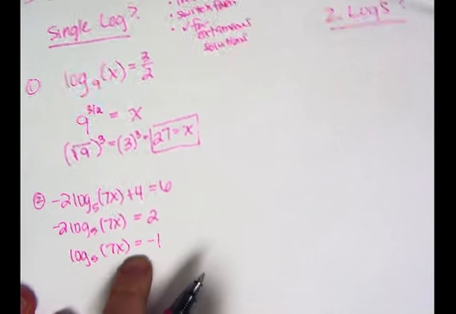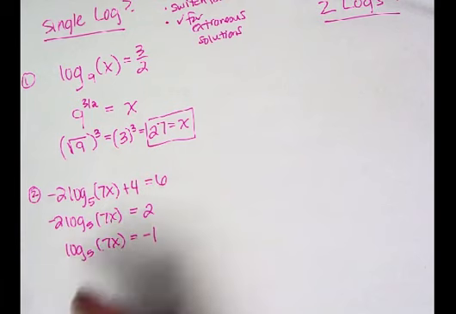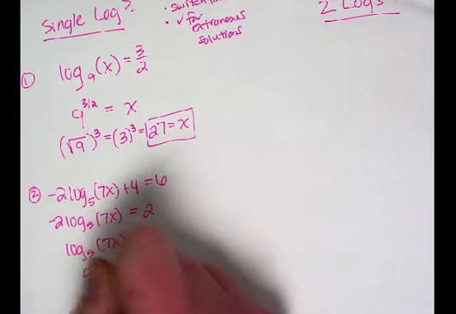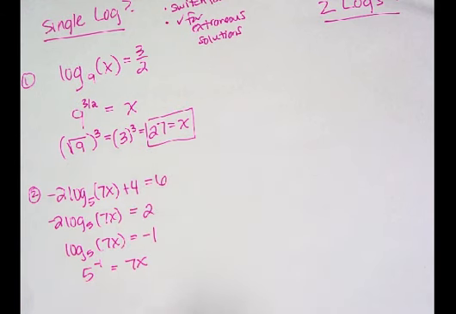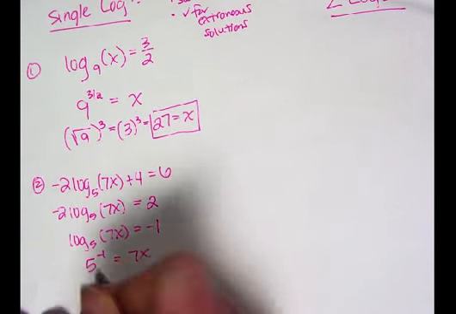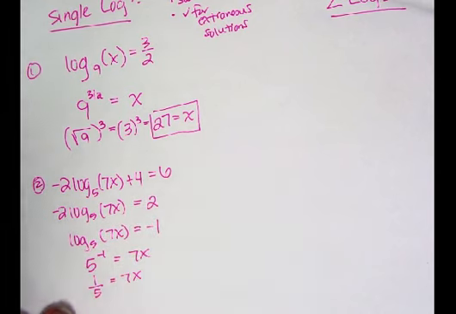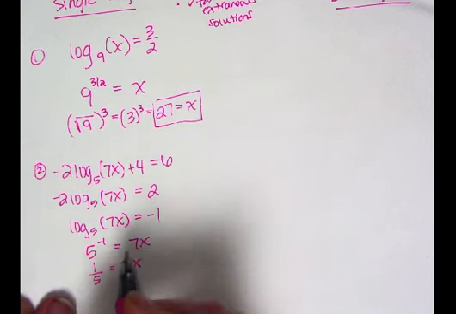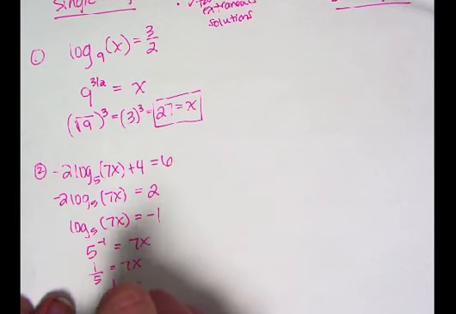Now that the log is isolated, we're going to switch forms. It's a base of 5 to an exponent of -1, and it equals 7x. 5 to the -1 is equivalent to 1/5. And then to get x by itself, we'll divide by 7 or multiply both sides by 1/7. x is equal to 1/35.